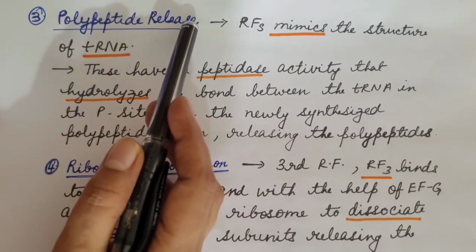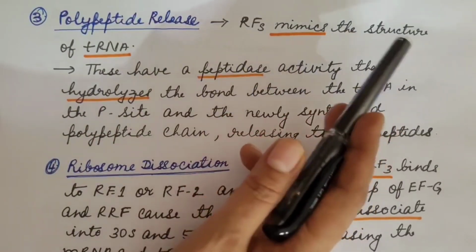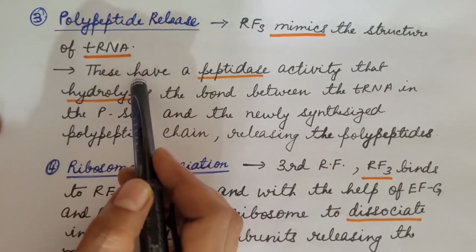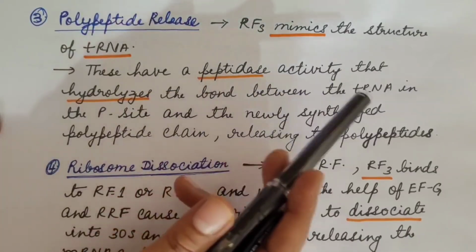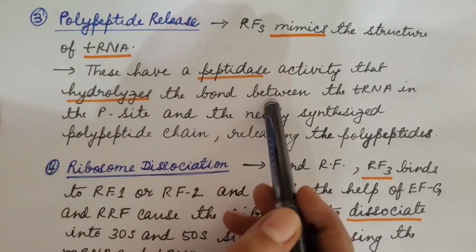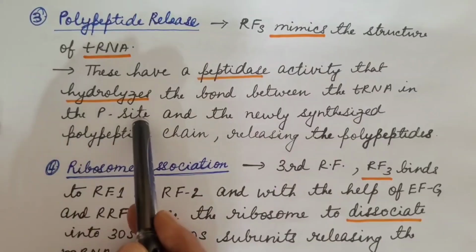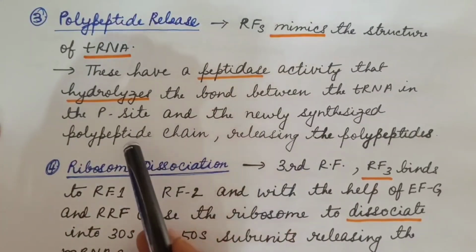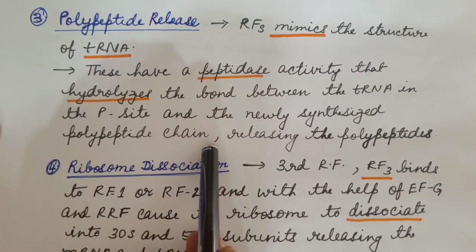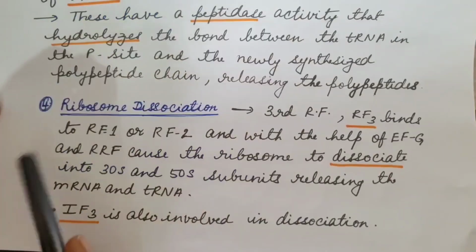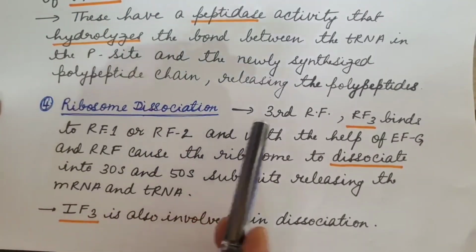Third is polypeptide release. Release factors mimic the structure of transfer RNA. These have peptidase activity that hydrolyzes the bond between the transfer RNA in the P site and the newly synthesized polypeptide chain, releasing the polypeptide. Fourth is ribosome dissociation.